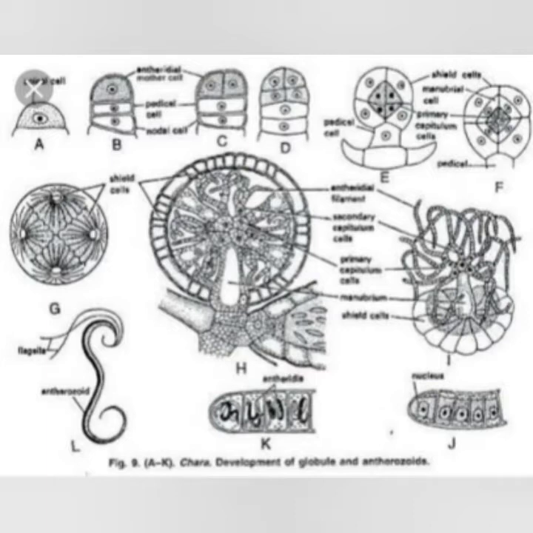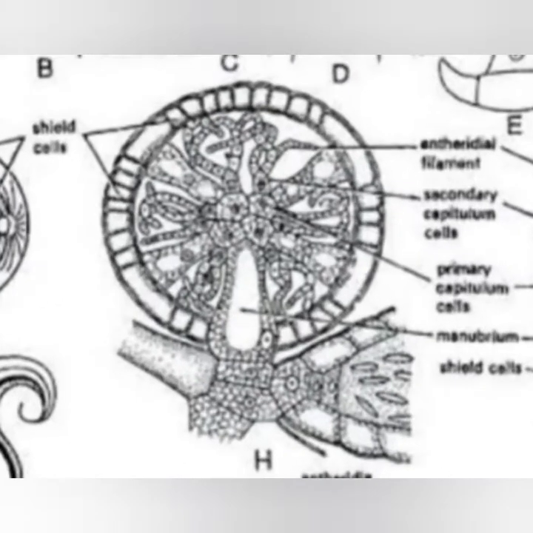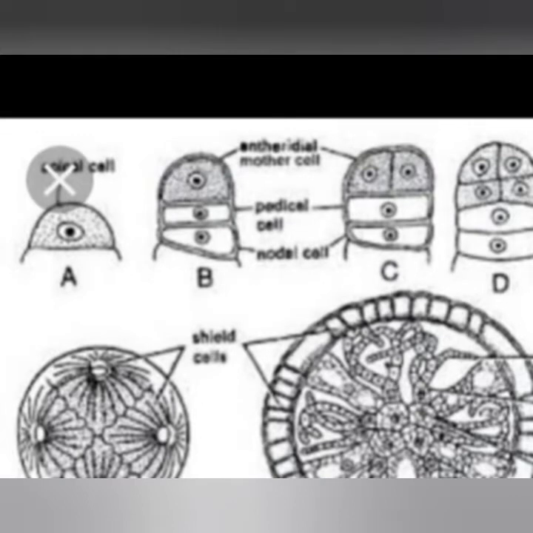So the adaxial cell of the node in the limited growth branches will act as the antheridial initial. You can see in this first figure, figure A, the initial cell. This will function as the antheridial initial.